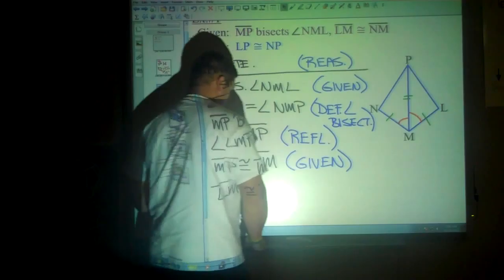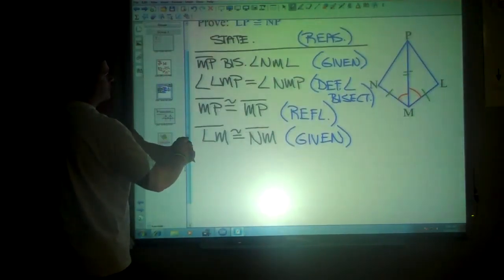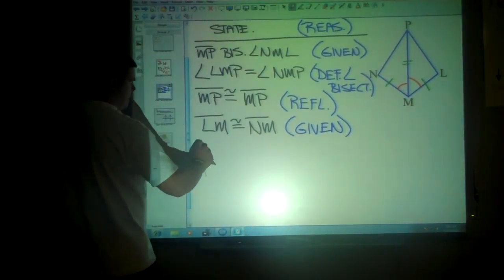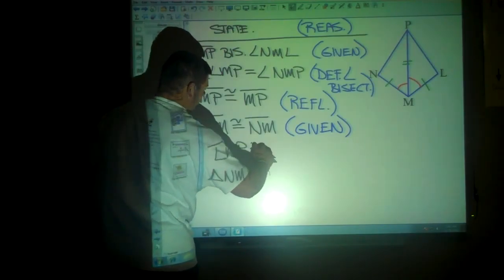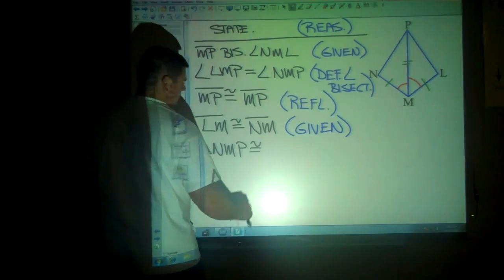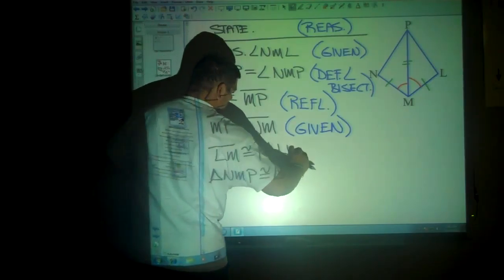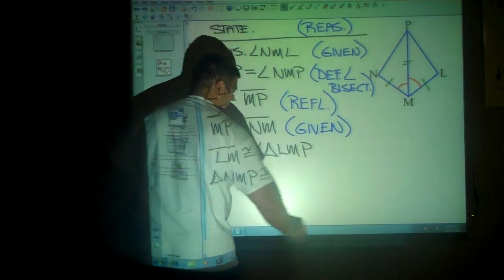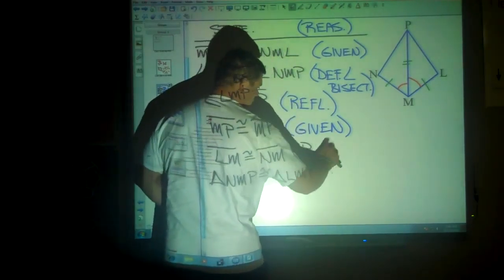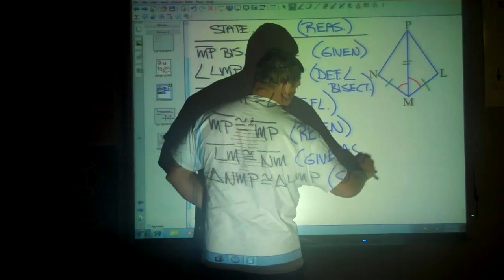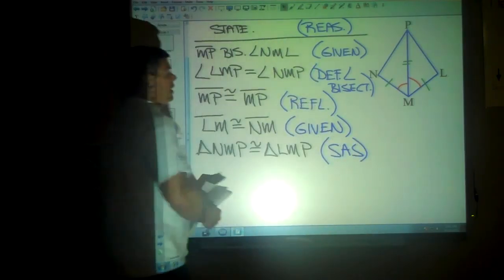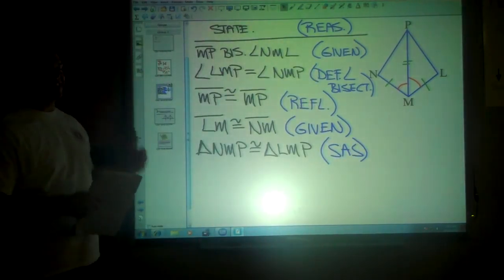That's congruent to itself. You can now say triangle NMP is congruent to triangle LMP. And the reason I know that: side angle side. Okay, so I've just proven that the two triangles are exactly the same.